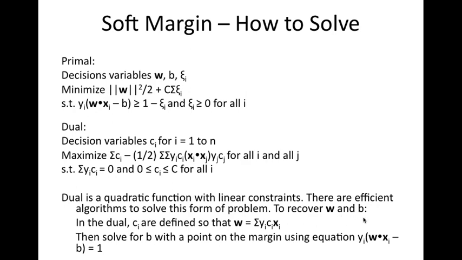In order to recover w and b, which is what we want to find, in the dual it turns out the c i are defined so that the vector w equals the sum of y sub i, c sub i times vector x sub i. So you can easily compute w once you know the solution to this. And then you can solve for b by finding a point that's directly on the margin, and then use the equation we had from before for the equation of the line for that margin.